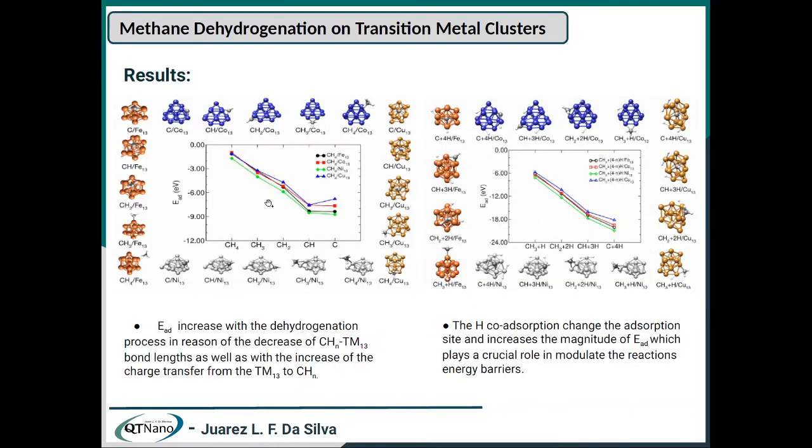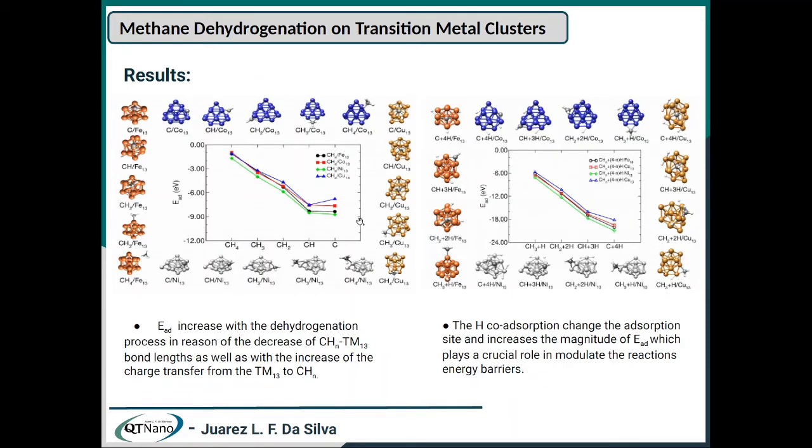So here I will show some of our results. We can observe that the adsorption energy increases with the hydrogenation process, as well as some structural parameters changing.